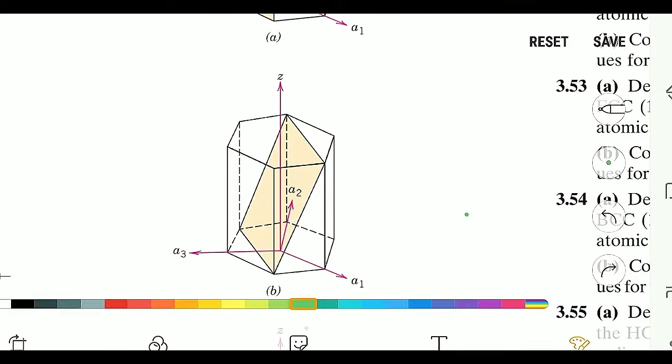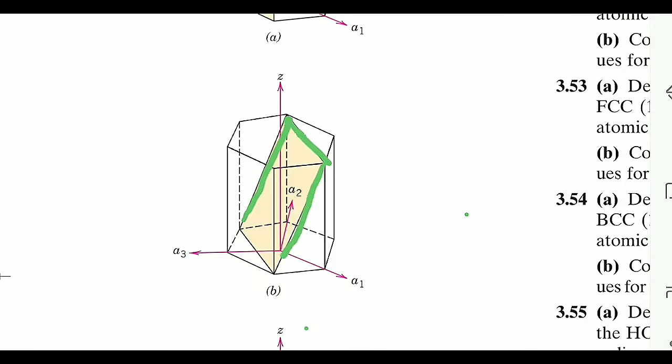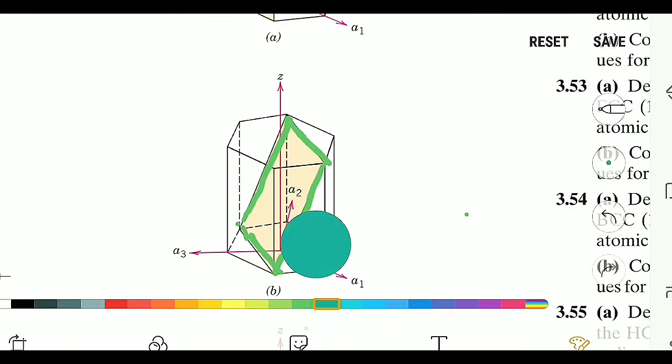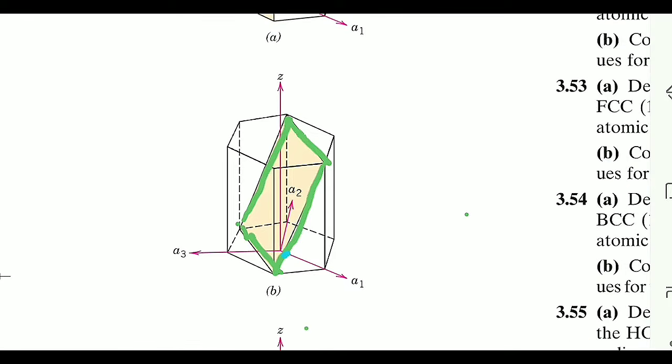So here's the next plane, and we can see the plane in the orange shade. If we keenly see the boundary lines of the plane, and the coordinate axes are also predefined here.